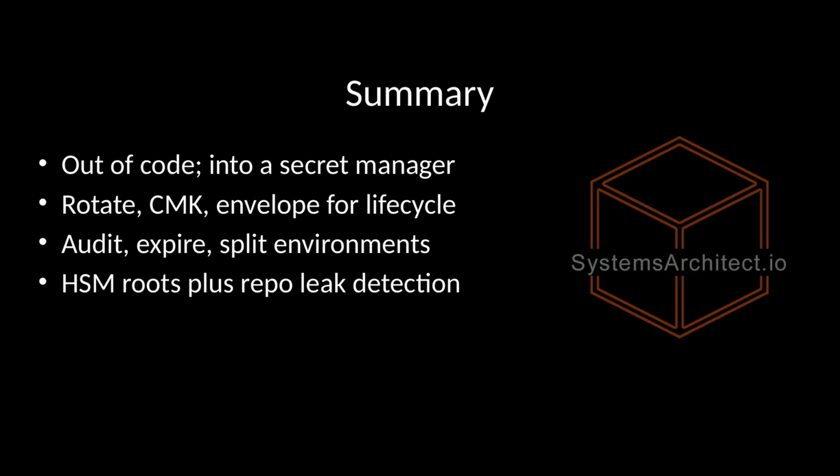Access logs, hard expiration, and strict dev versus prod separation detect abuse early and limit blast radius. HSM-backed roots and layered repo scanning protect the top of the key tree and the human mistakes that still leak tokens into Git. Thanks for listening, and put these 10 practices into your next secrets design review.